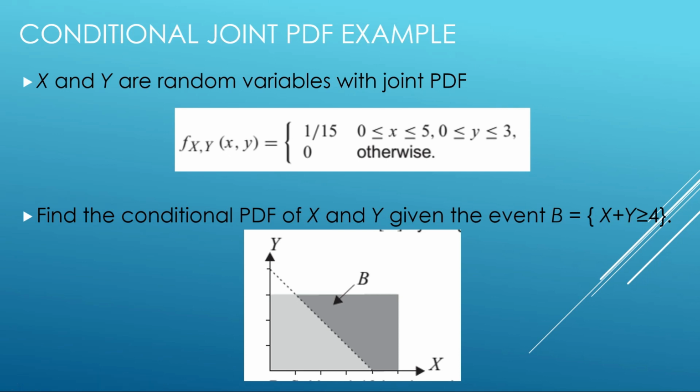So the PDF for event B is this shaded, darker area. This lighter area does not satisfy the condition over here. B is x plus y greater than or equal to 4. This darker shaded area satisfies the given event B.